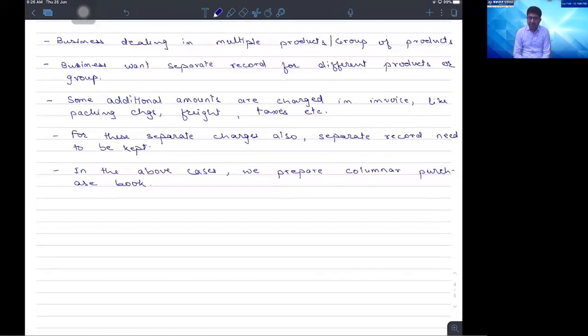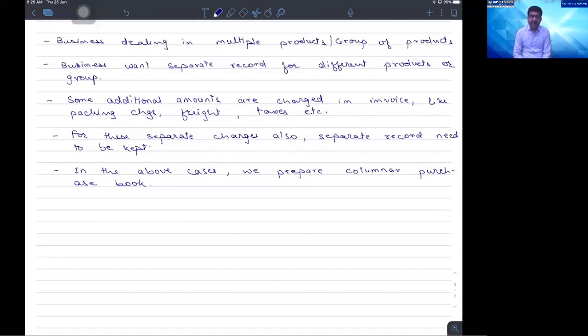So if I'm preparing a columnar purchase book wherein I'm preparing the separate column for, say, product A, product B, product C, in that case, the total of product A column will be posted to the product A purchase account. Total of product B will be posted to the product B purchase account. Total of product C will be posted to the debit of the product C purchase account separately.